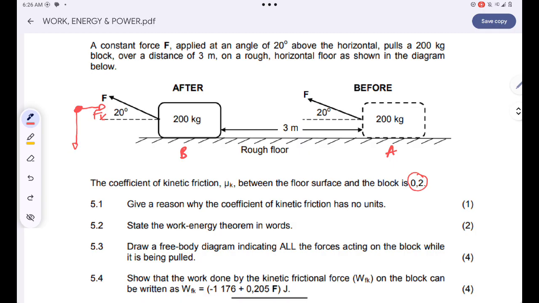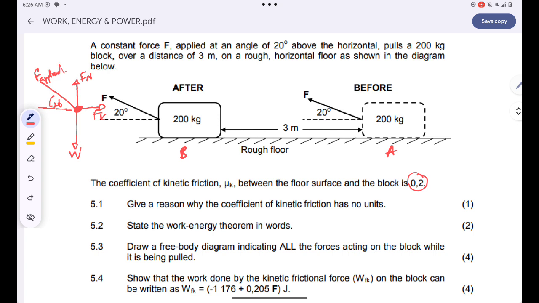Fk for kinetic friction, there's weight, and then this object, the 200 kg block is on top of a surface, so it will have a normal force, F normal, and then this force F which is applied at an angle 20 degrees, F applied.